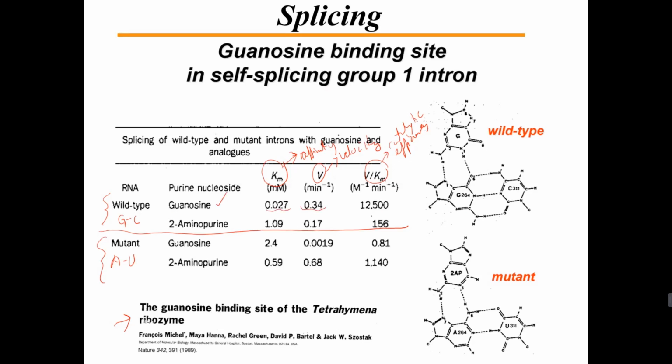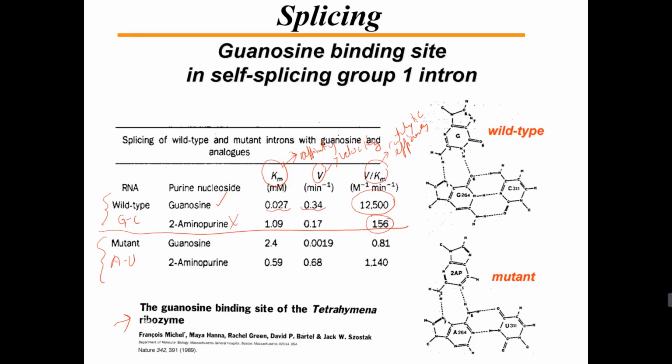So we can see that the Km is very low, which means it has a high affinity for the guanosine cofactor. And when we look at the catalytic efficiency of the wild type in the presence of the G cofactor, it's very, very high. So extensive catalytic activity. However, again, when the normal Watson-Crick base pair GC was exposed to 2-aminopurine, the catalytic efficiency dropped dramatically.